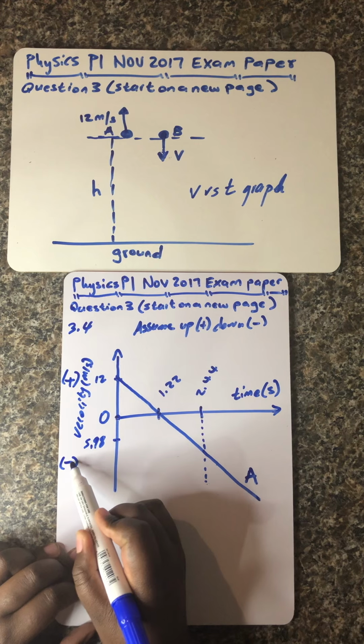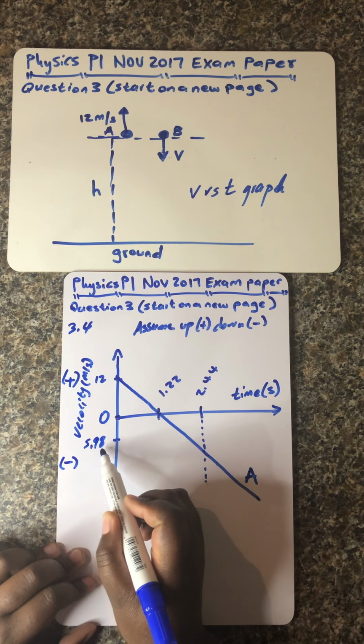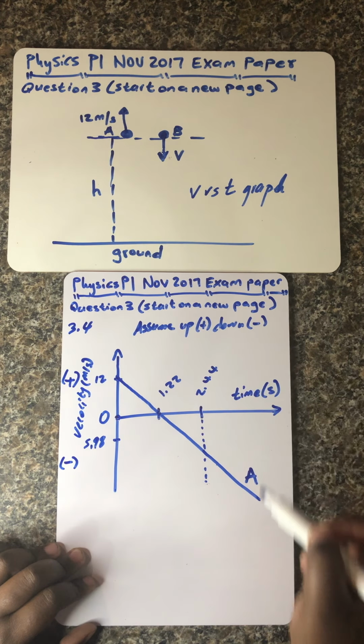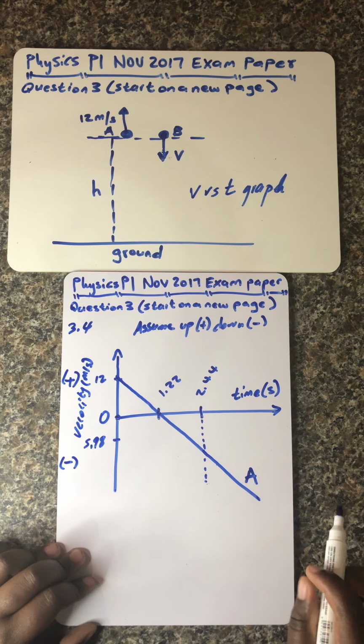The negative only indicates that it's moving at that speed but downwards. That's why I'm saying negative and positive only refer to the direction.